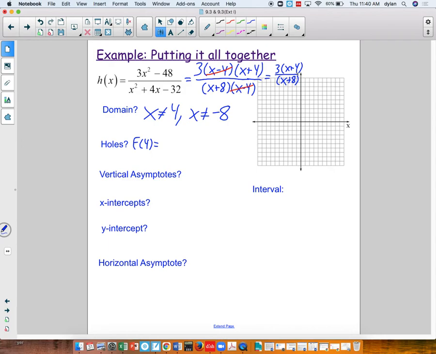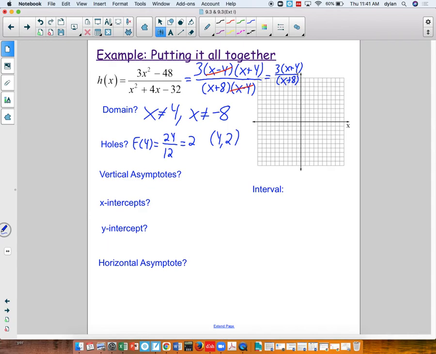So in other words, it would just be 3 times 16. Or sorry, I apologize, 3 times 8. So we've got 24 over 4 plus 8, which is 12. So in other words, our hole would exist at 4, 2 in this case.